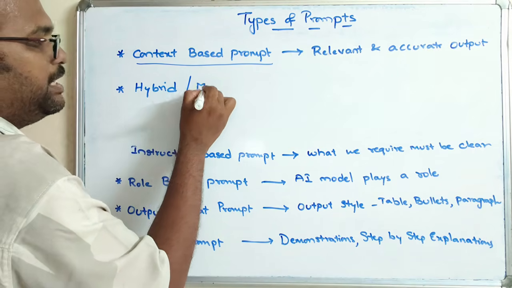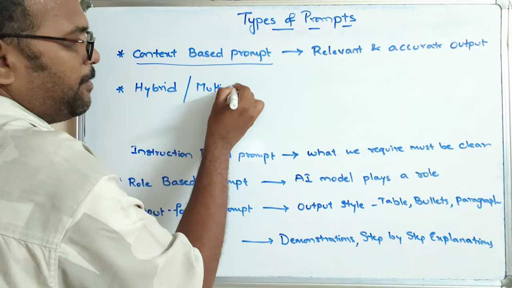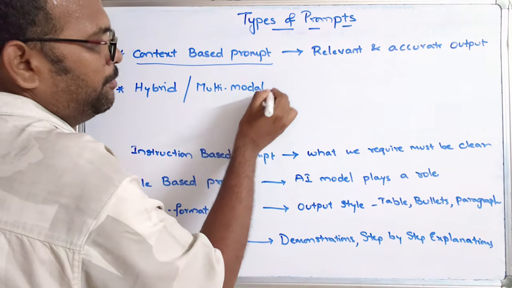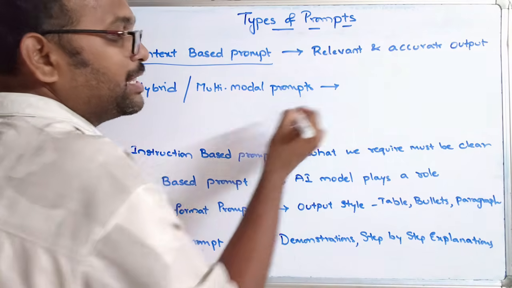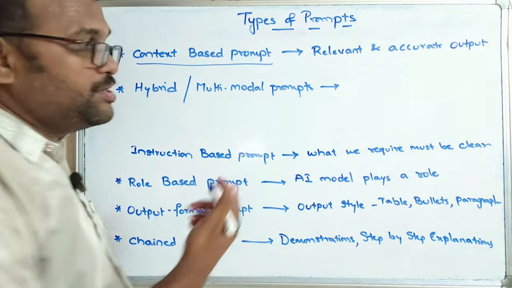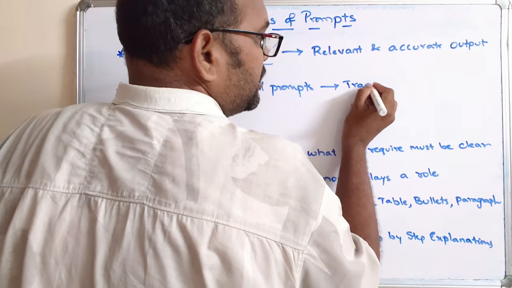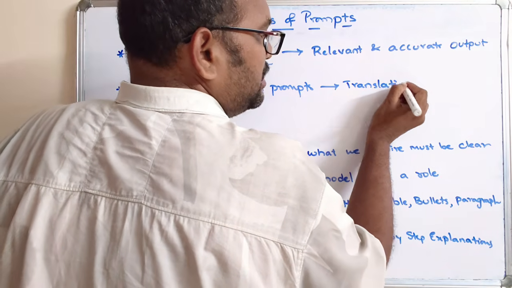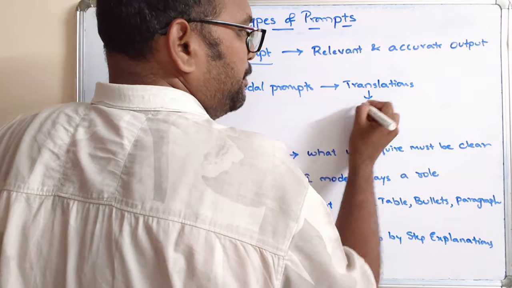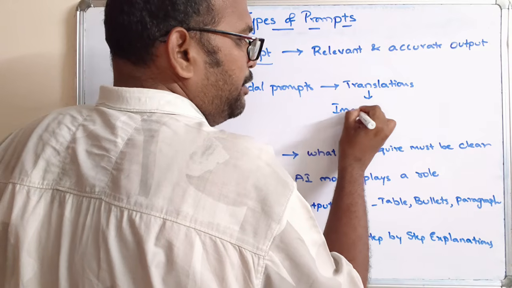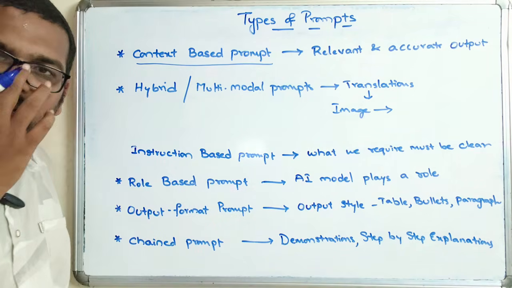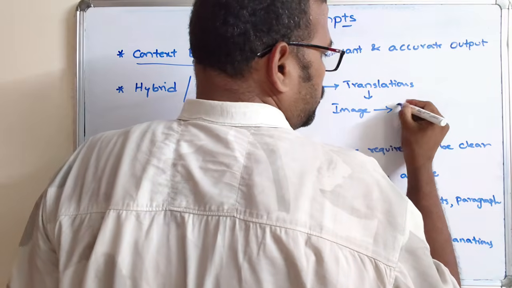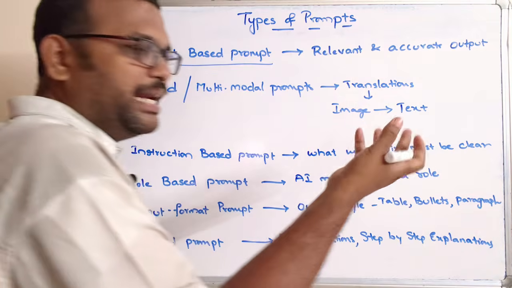And the final one is the hybrid or multimodal prompt. That means translating one kind of data to another kind of data. For example, you can upload an image and ask for the content, the context, of that image, so you upload an image and get the text.